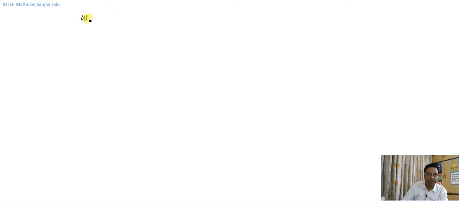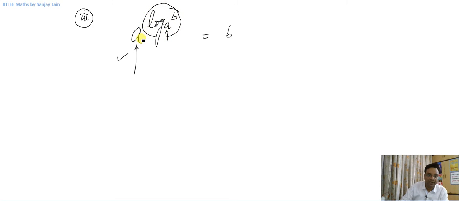the next property, or let us say property number three, is a raised to power log b to the base a is nothing but b. Okay, so if you see an expression like this, where the base of this log is the same as the base of this power, I hope you understand.